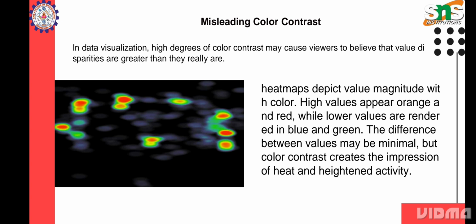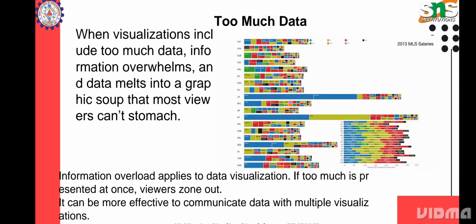The difference between values may be minimal, but color contrast creates the impression of heat and heightened activity. So when we go for a color contrast, we must think about the data and how we need to present our design, and we need to control it.